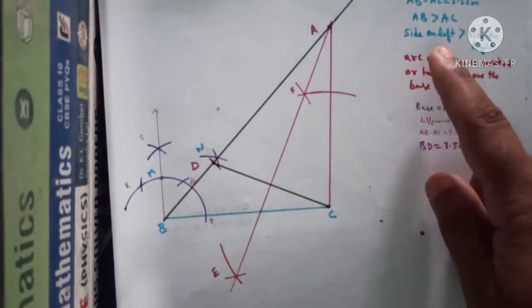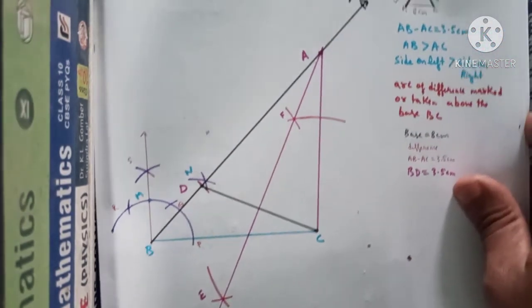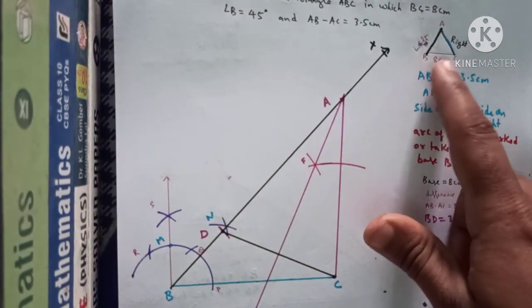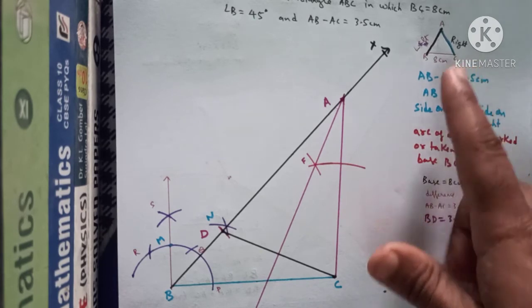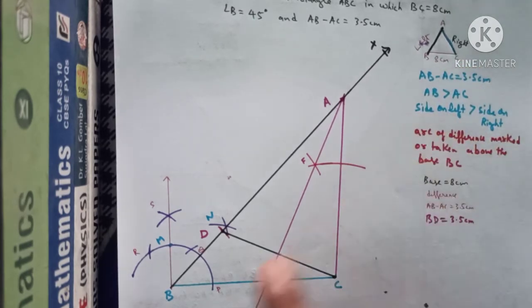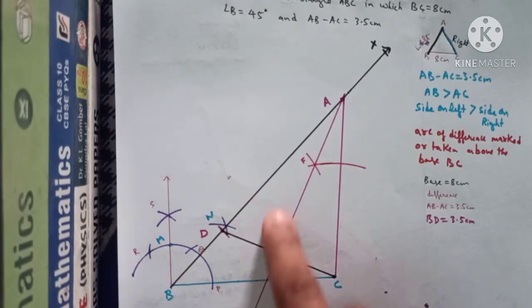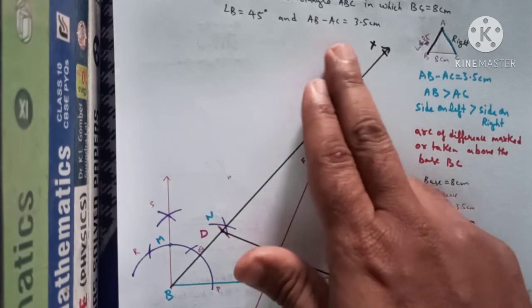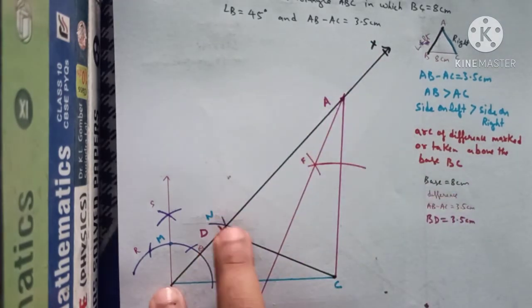If the left hand side AB is greater than the right hand side, in this case we will draw the arc of difference above the base BC. So here I've taken the arc of difference, that is, BD is equal to 3.5 centimeter above the BC.